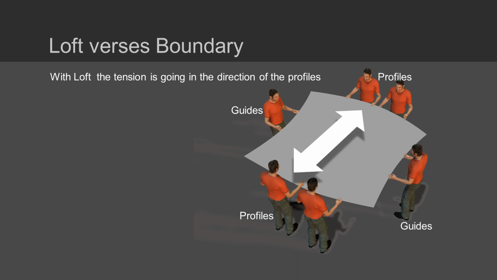So with this simple graphic here, you can see if you think of a blanket that's being stretched, the profile curves have more force or pull than the guides do, and therefore the shape is biased from the first and second profiles.